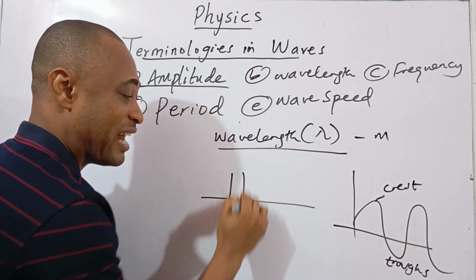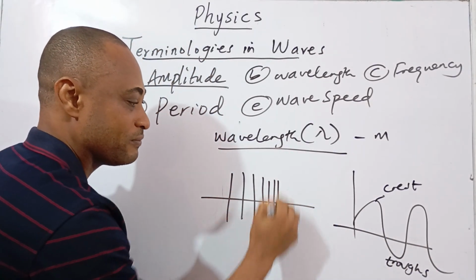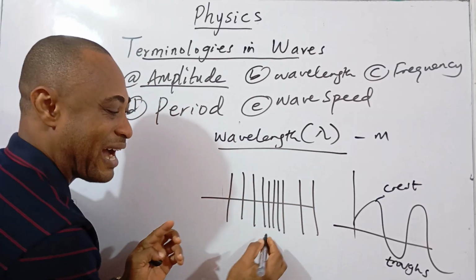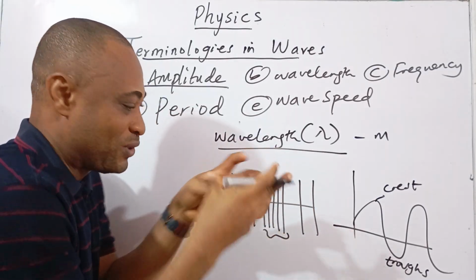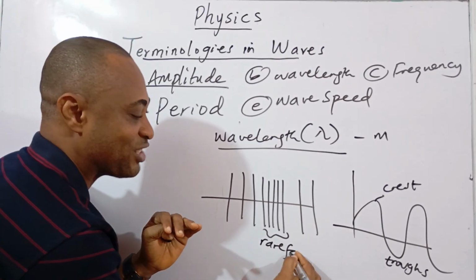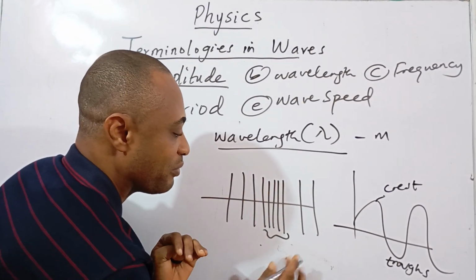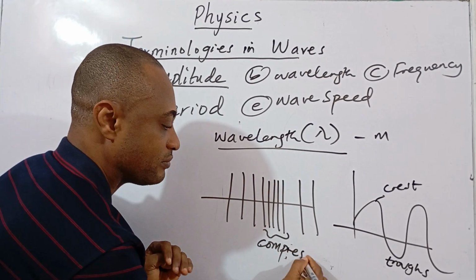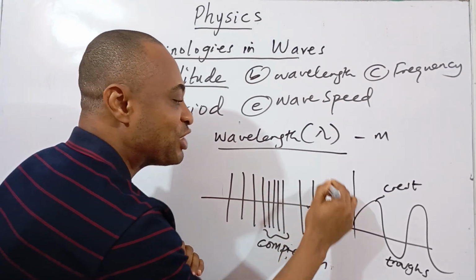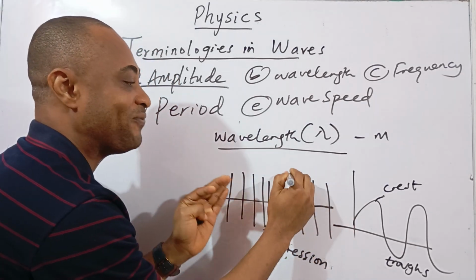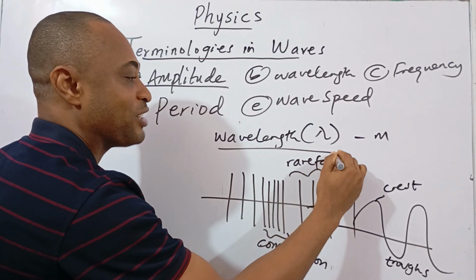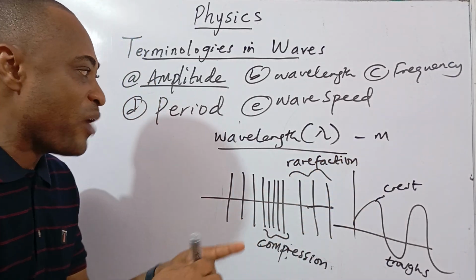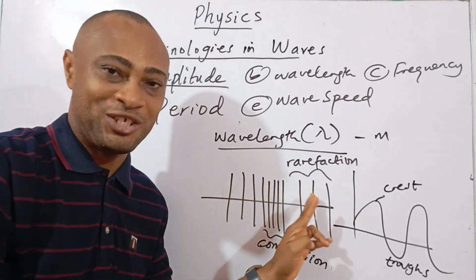This is my longitudinal wave. Look at this. You see, there are regions where the wavefronts are very close. We call that a compression. Now, there are regions where the wavefronts are far away from each other. We call that what? Rarefaction. So, for a longitudinal wave, we have compression and rarefaction.